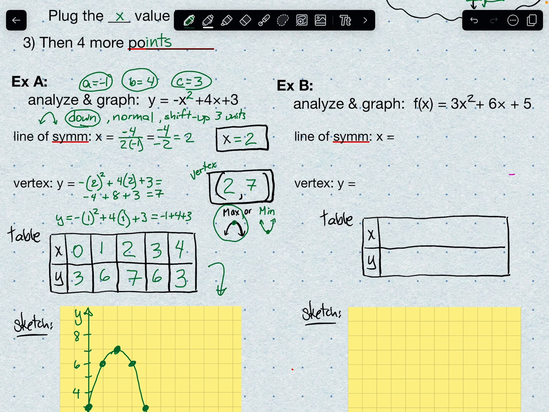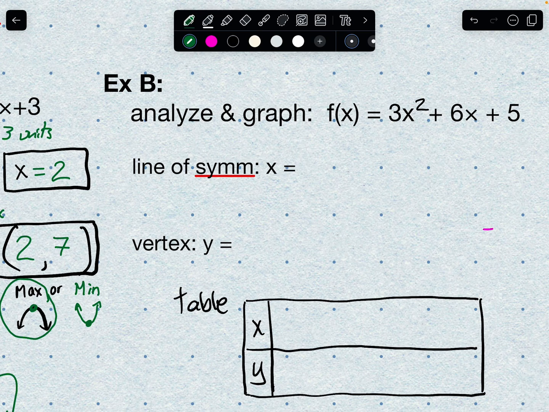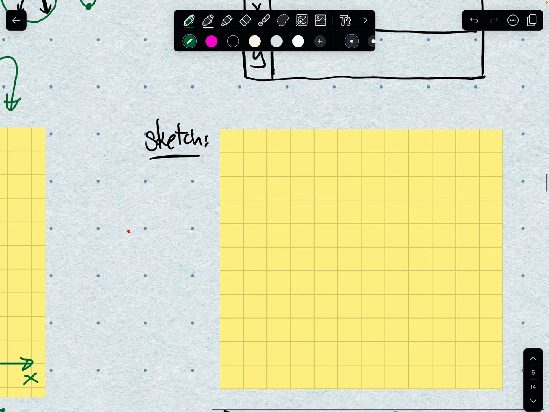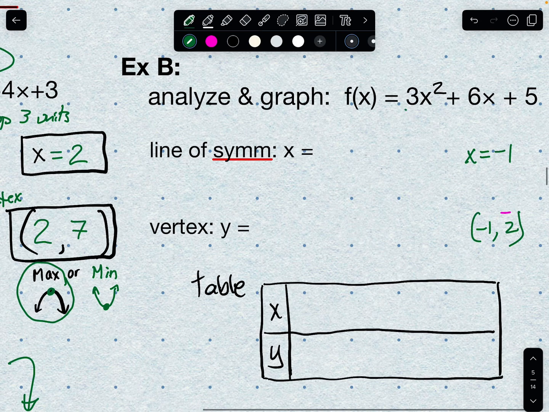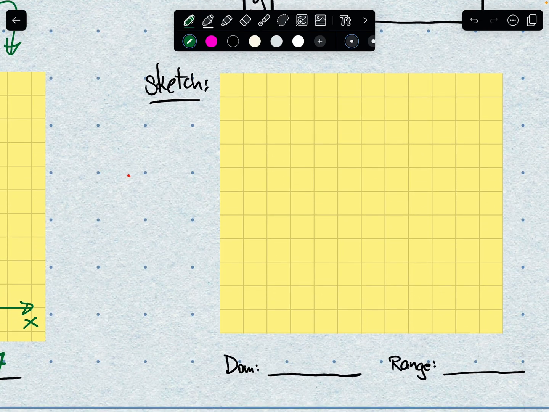There's another example here. If you do that, you're going to get x equals -1 for the line of symmetry. The vertex will be (-1, 2). Okay? And this is an upwards and skinny graph. So it's probably good if you put the axis about here.